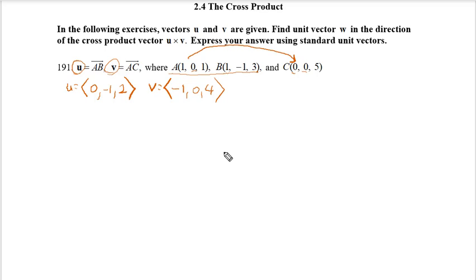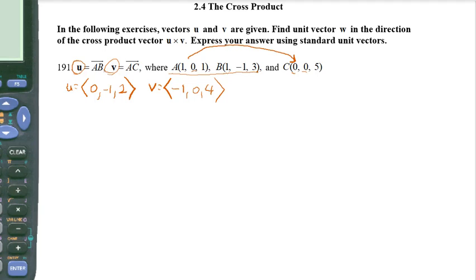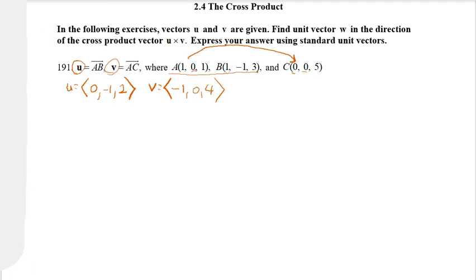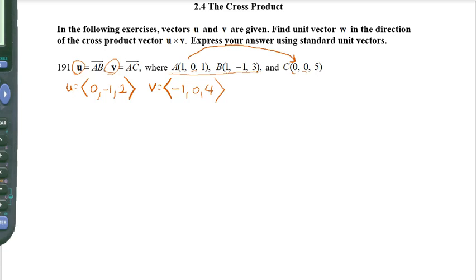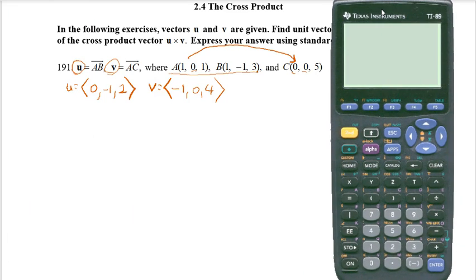I'm going to show you this on the calculator. On the TI-89, it's handier to enter the vectors first so you don't have to keep typing all of that, and we'll do that with the bracket key. So here is how we type a vector on the TI-89.